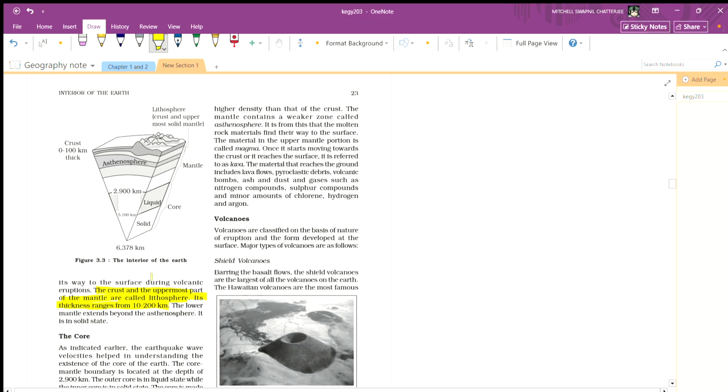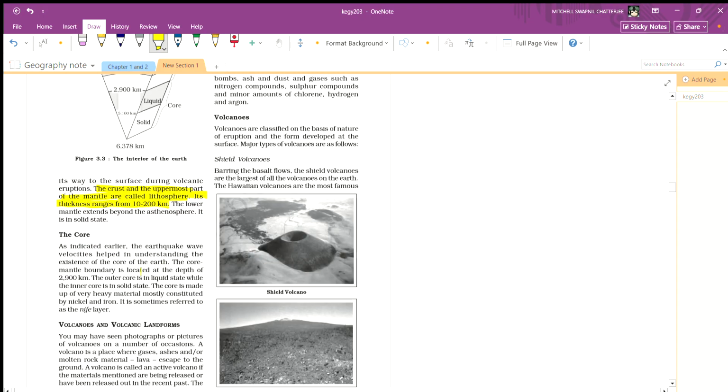Next is the core. As I indicated earlier, the earthquake wave velocities help in understanding the existence of the core. The core-mantle boundary is located at a depth of 2,900 kilometers. The outer core is in liquid state while the inner core is in solid state.